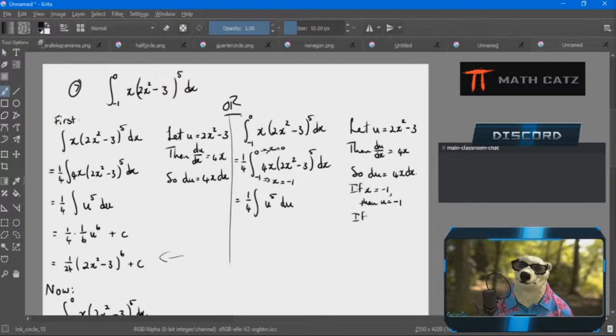But if x is equal to 0, then u is equal to -3. So x going from -1 to 0 corresponds with u going from -1 to -3. Now it doesn't matter which one's bigger and which one's smaller.